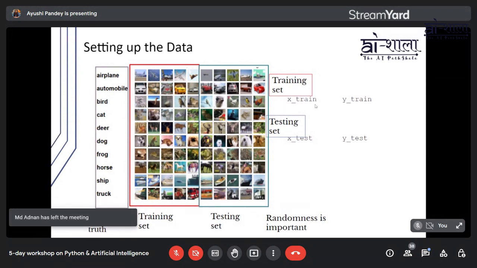The image part belongs to the X part of the data set, and the labels are always the Y part of the data set.